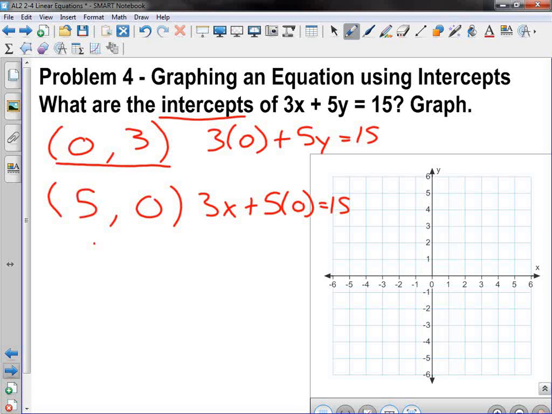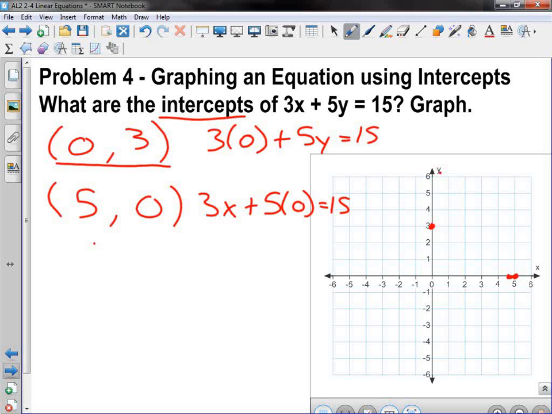Now I have 2 points, don't I? Can I graph? So I have 0, 3. Which intercept is that one? Y, because it's on the y-axis. And then we have 5, 0, which is right there, which is the what intercept?